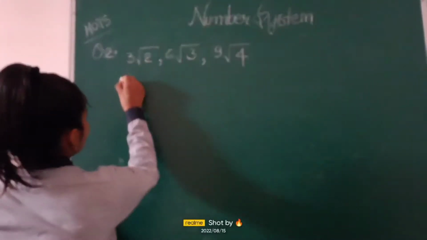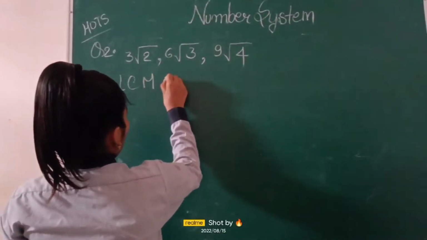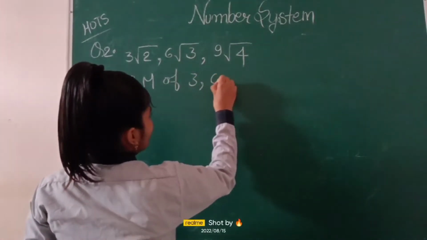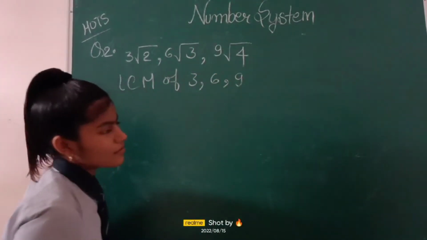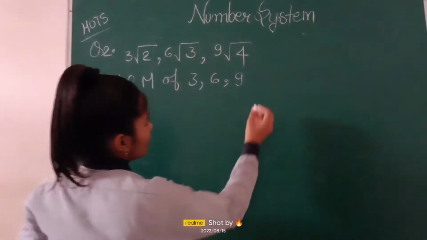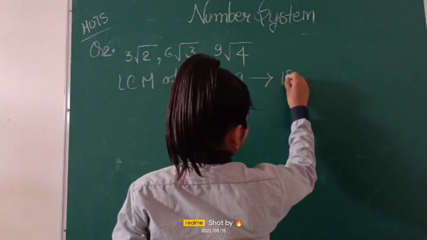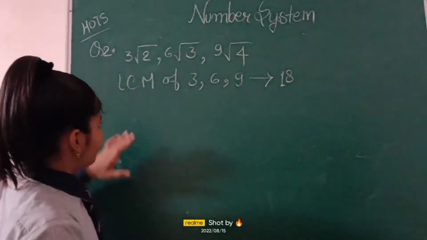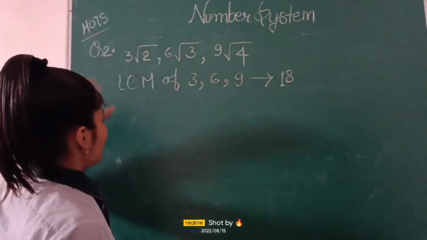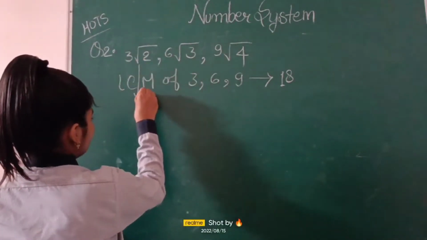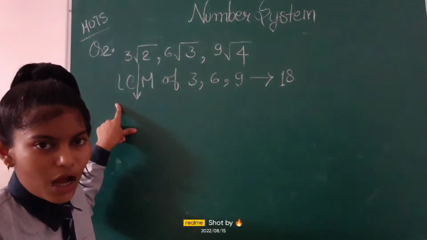I will take the LCM of 3, 6 and 9. What is the LCM of 3, 6 and 9? Yes, it will be 18. Okay, 18. Then now see this term, 3 under root 2. How can you write this?